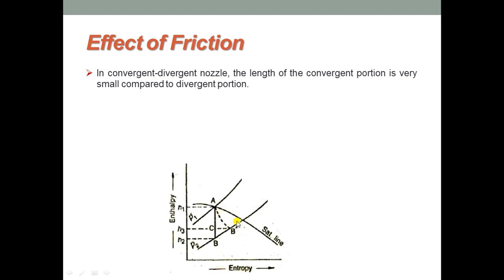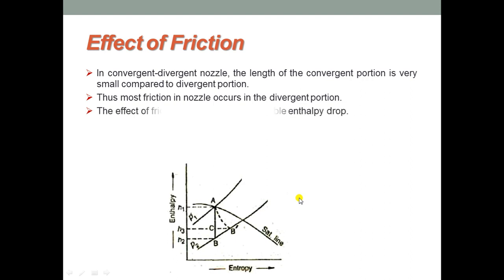So there would be an enthalpy drop from A to B dash, but in the actual process it takes place from A to B. The kinetic energy lost in friction is converted into heat energy, which tends to dry or superheat the steam from B to B dash. Thus, friction will affect the final condition of the steam issuing from the nozzle.